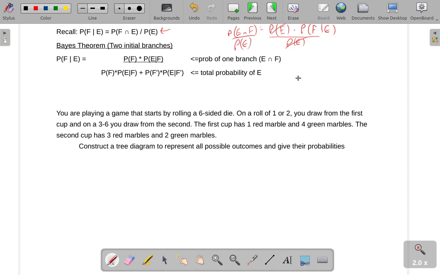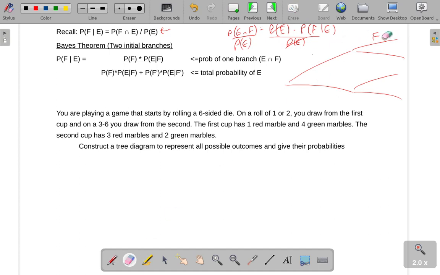All right, so Bayes' theorem is what we get when we consider taking this and applying it to a tree diagram. The simple way we're going to be seeing it in this class is if we're trying to find the probability of F given E. Oh no, I think I had that backwards.